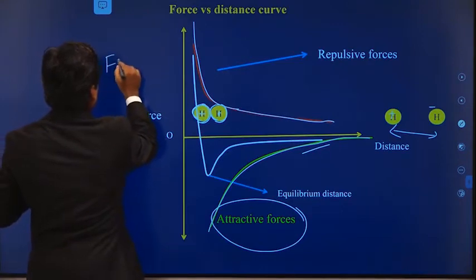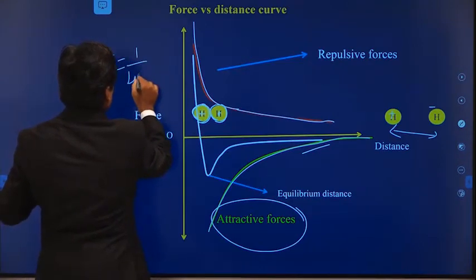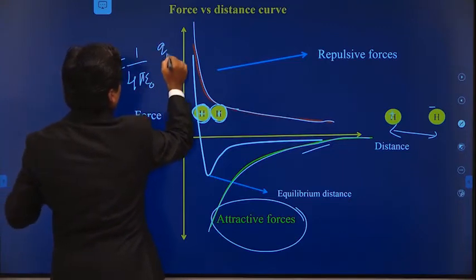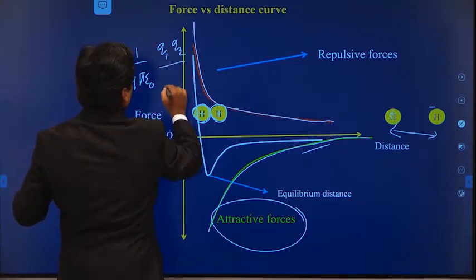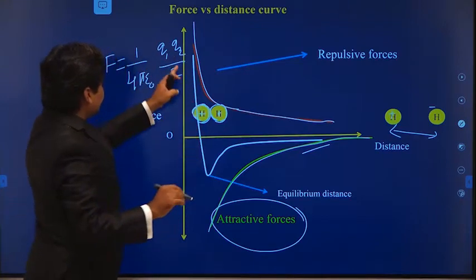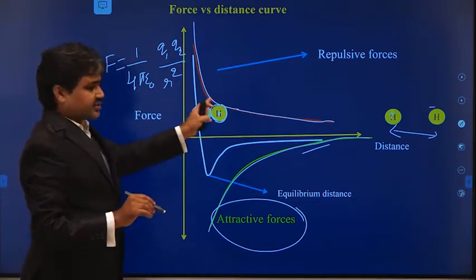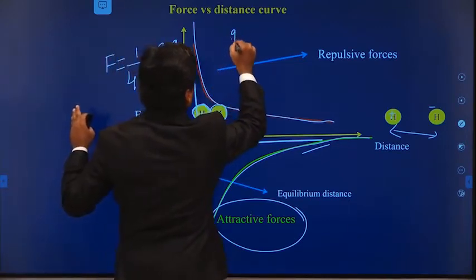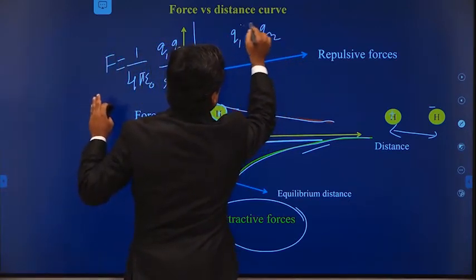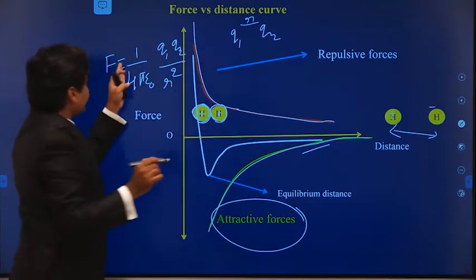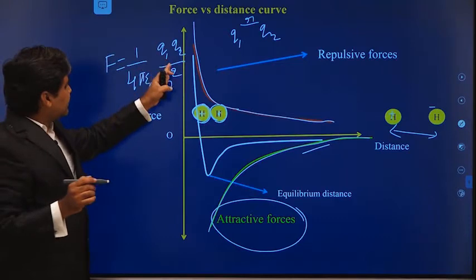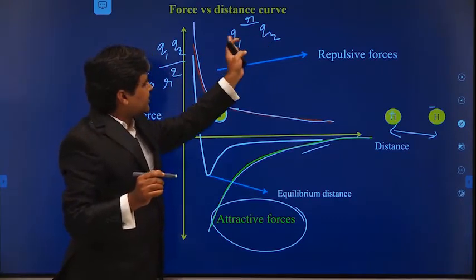According to Coulomb's law, the repulsive force between two point charges depends upon the charge and the distance between the two charges. If there are two point charges Q1 and Q2 separated by some distance r, the repulsive force is always positive, because we have two positive charges or two negative charges.